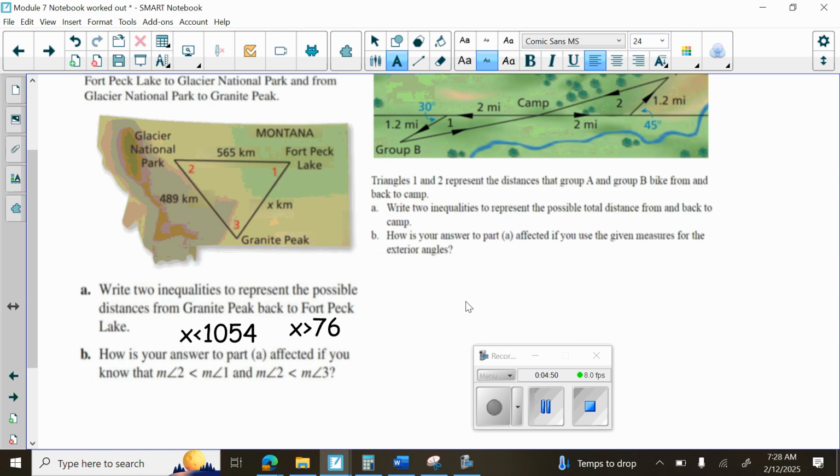Okay. Part B, it says, how is your answer to part A affected if you know that angle 2 is greater than angle 1 and angle 2 is less than angle 3? So what's the smallest angle? One is the smallest, right?